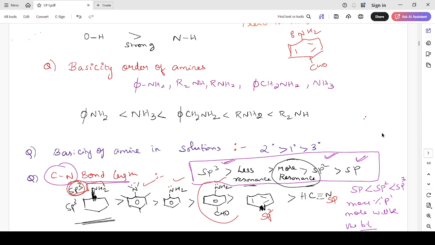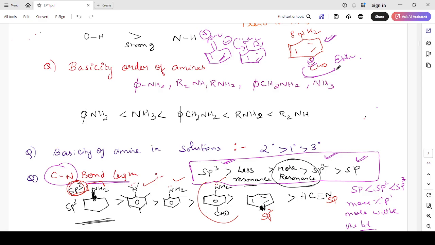What kind of a group is aldehyde? CHO? Electron withdrawing group, stronger pulling effect. So eventually, even if I'm having just aniline also, nitrogen will push its electron towards benzene. There is no doubt. There will be a formation of partial double bond character. But here, it's not just because of benzene alone.